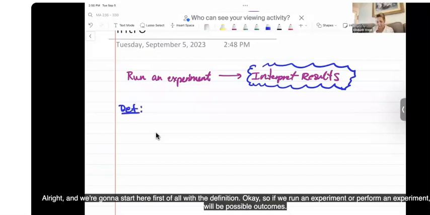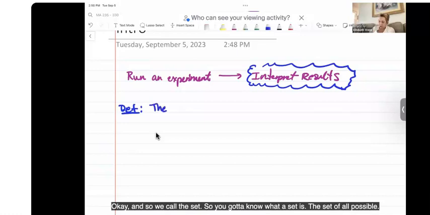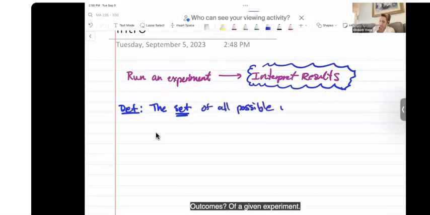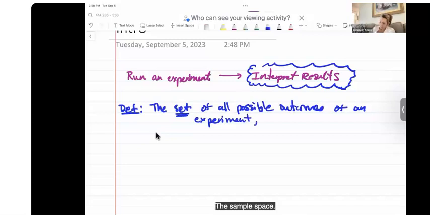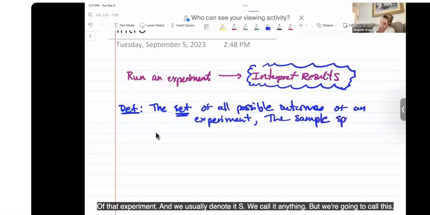If we run an experiment or perform an experiment, there will be possible outcomes. We call the set, so you have to know what a set is, the set of all possible outcomes of a given experiment the sample space of that experiment.